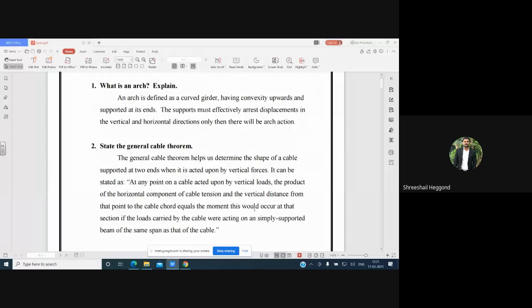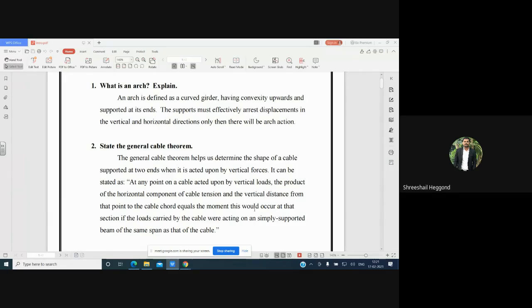An arch is defined as a curved girder having convexity upward and supported at its ends. The supports must be effectively arrested against displacement in the vertical or horizontal direction; only then will there be arch action.